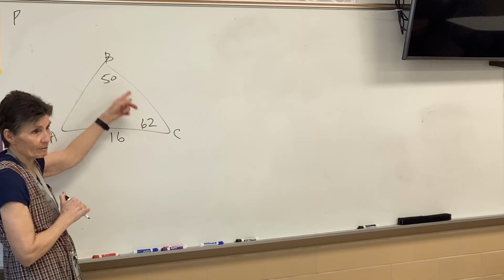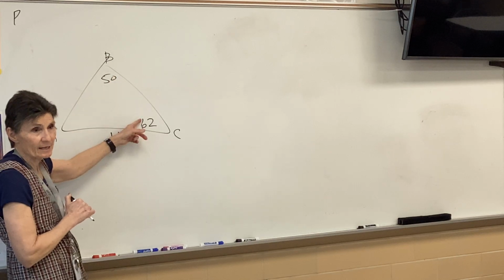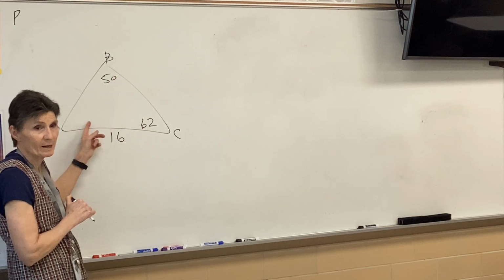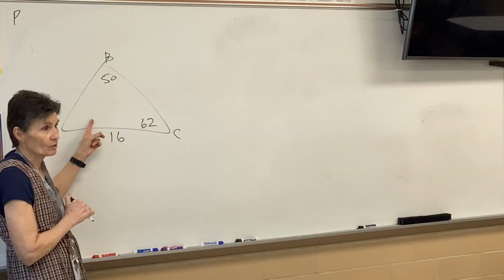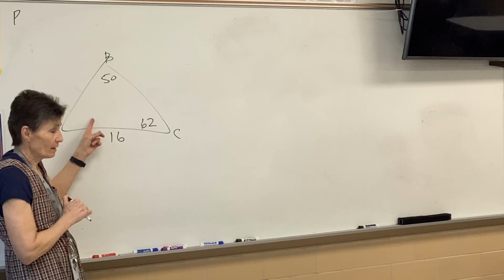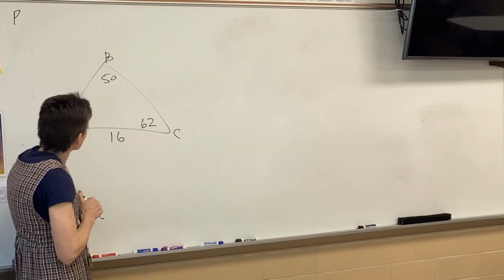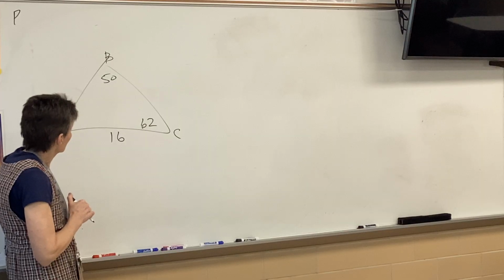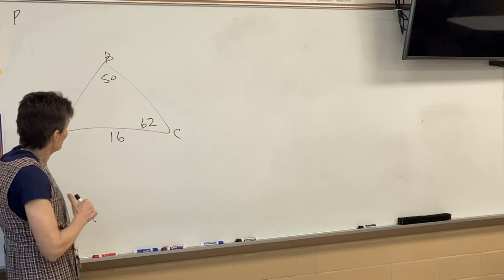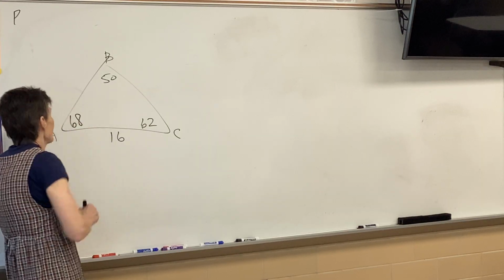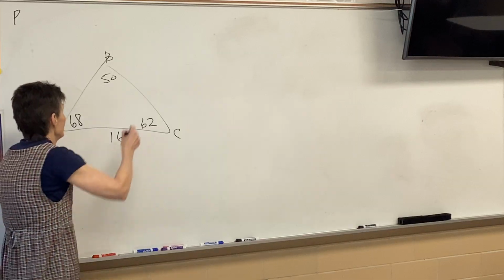What do you got right here? Two angles, and if you have two, can't you always find the third? All right, so let's see, those add up to, would that be 68? I should use my calculator.